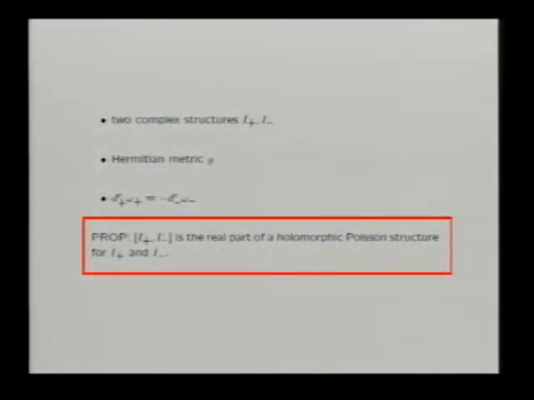The Hermitian forms are not closed, but they satisfy this relation. There's a Hermitian form corresponding to I plus, and a Hermitian form corresponding to I minus, but these three forms are the same or opposite. One of the key points about these is that if you look at the commutator of these two endomorphisms of the tangent bundle, then it's the real part of a holomorphic Poisson structure, if you raise indices using the metric.